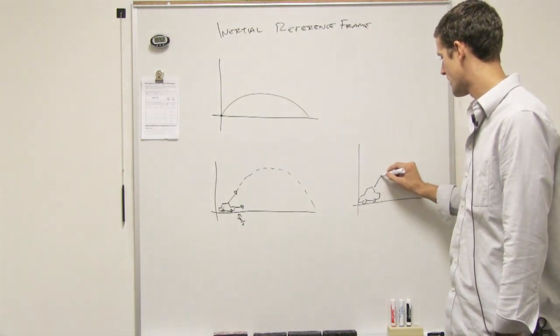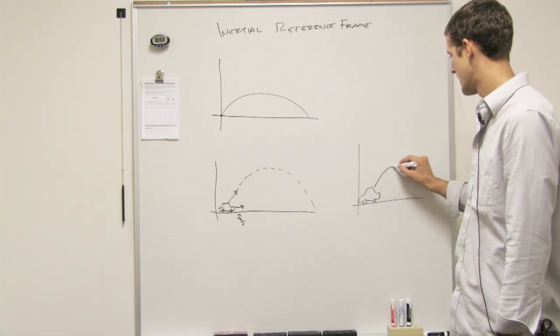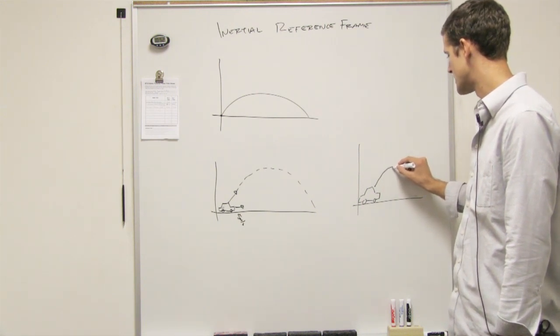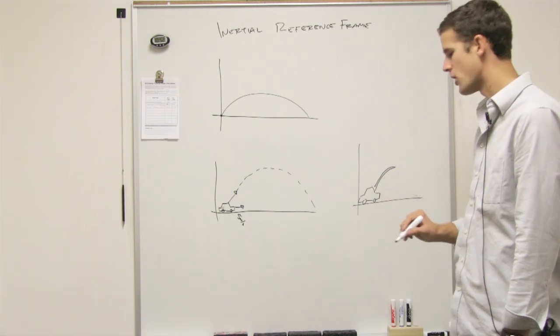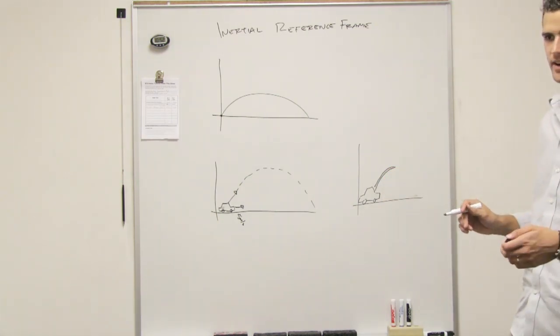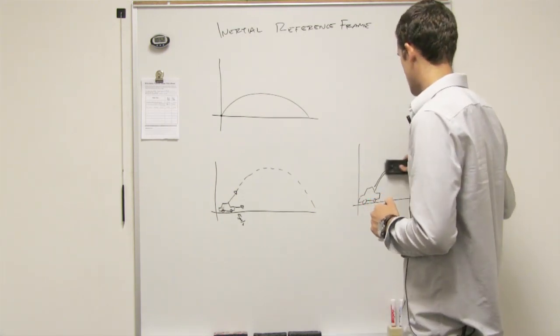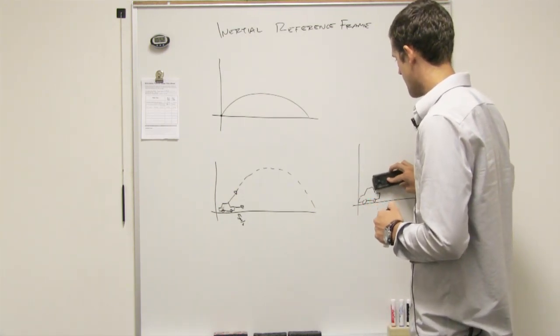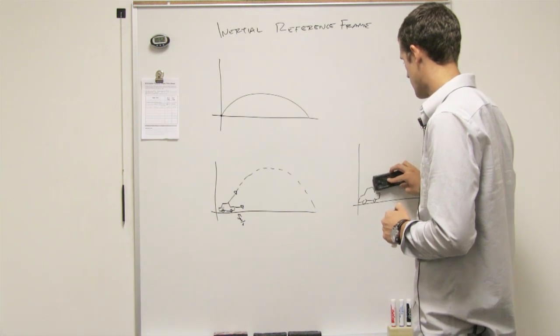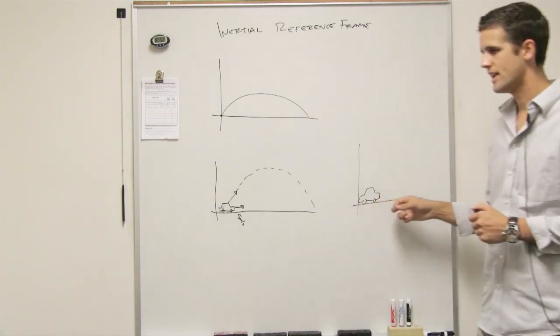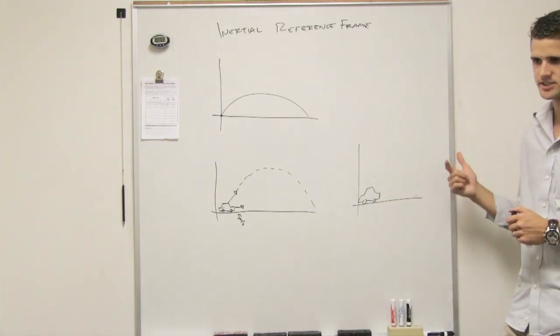You'll throw it out, and then as the car catches up, it'll slow down, and then as it speeds up, it'll actually look like it's falling back kind of behind the car, right? So that's kind of where things get screwed up, if what you're standing on isn't moving at a constant rate.